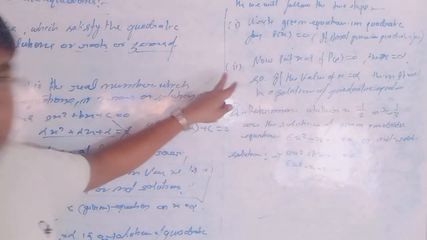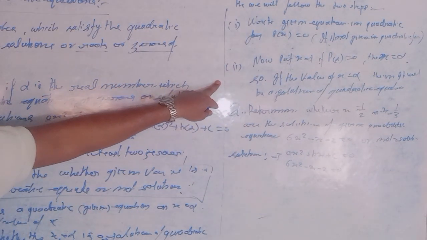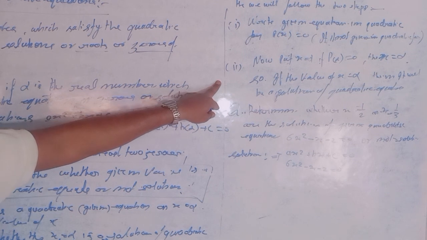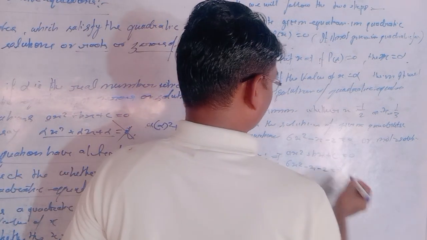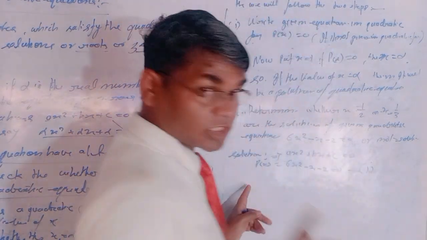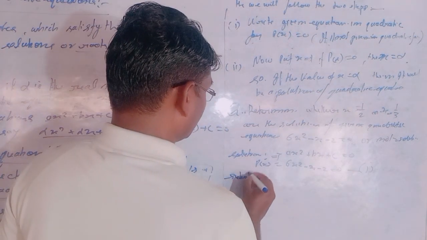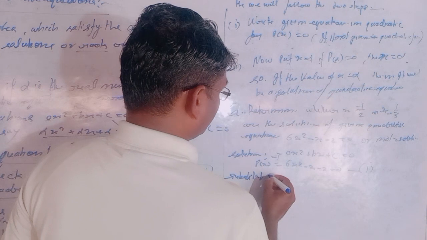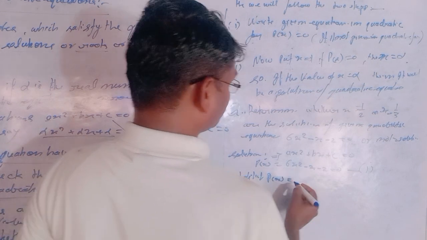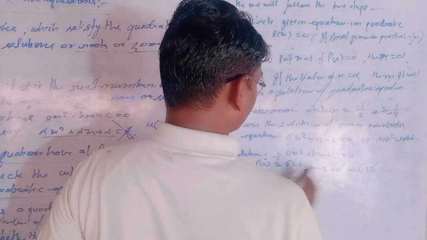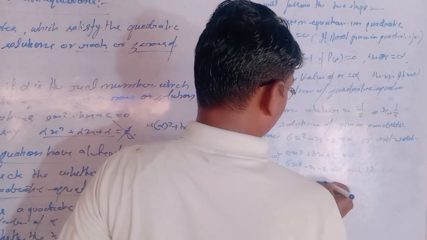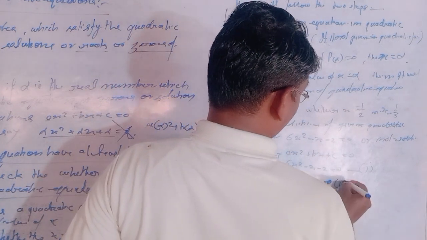That is the first step. Now we will follow the second step. If p x is given here, substitute x is equal to minus 1 by 2 in equation 1.